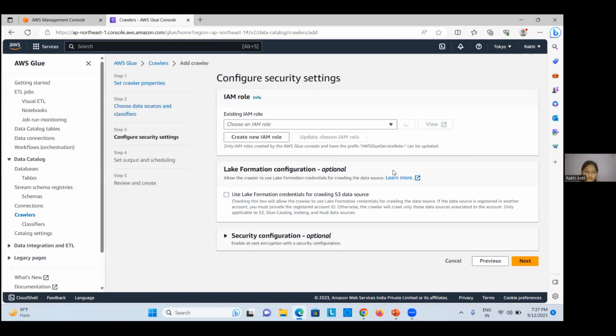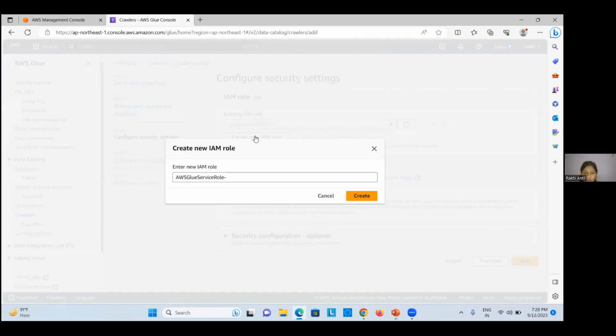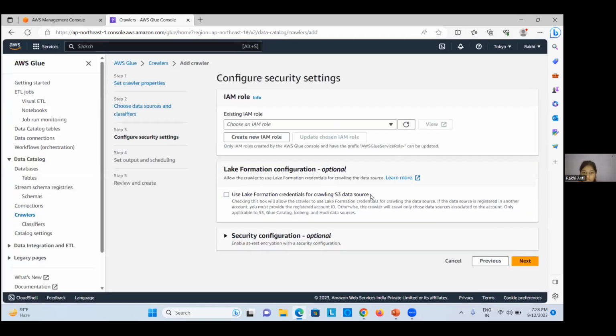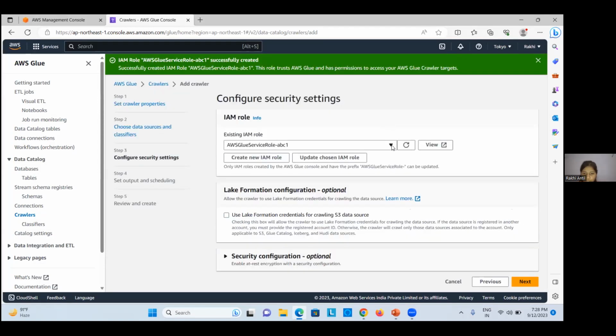The third step is configure security settings. First is the IAM role. Create a new IAM role. Then click on next.